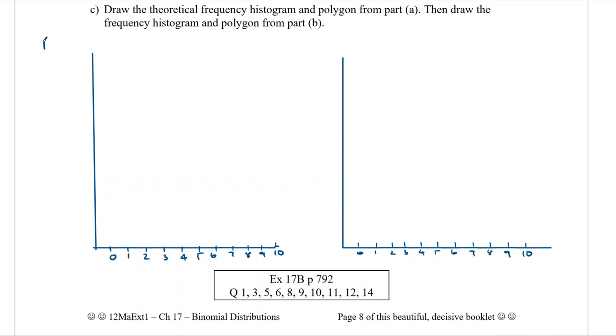Okay, so for theoretical, we're doing probability on this axis, and the highest probability is 0.323. So I'm going to go up by 0.05s again.